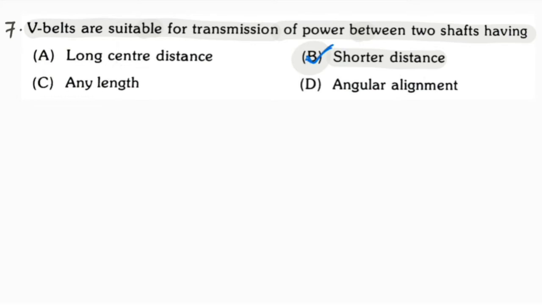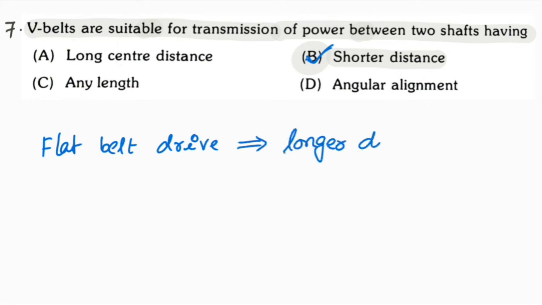Remember, the flat belt is for longer distance. Let me write it. A flat belt drive is generally preferable for longer distance, whereas a V-belt is for short, smaller distance.